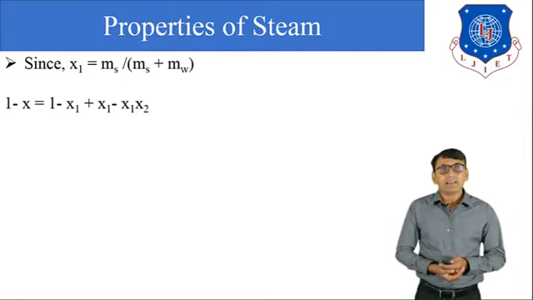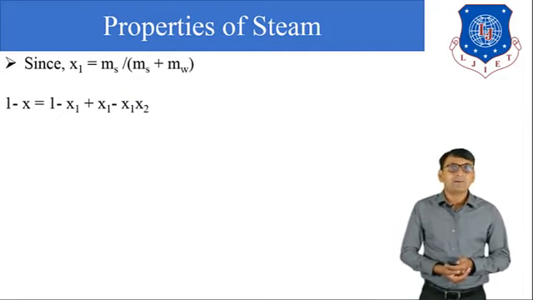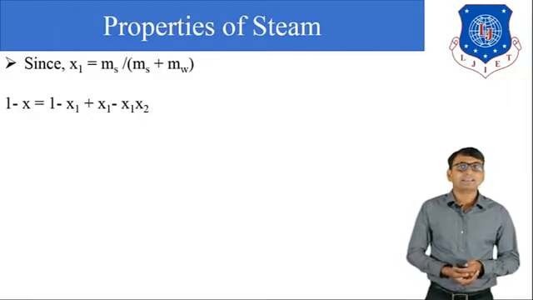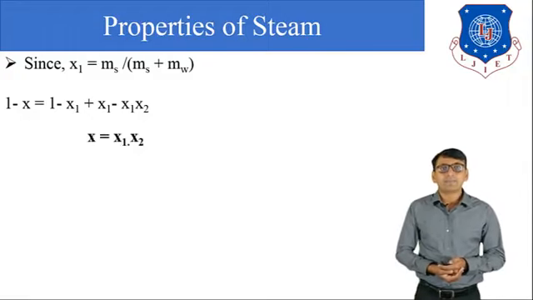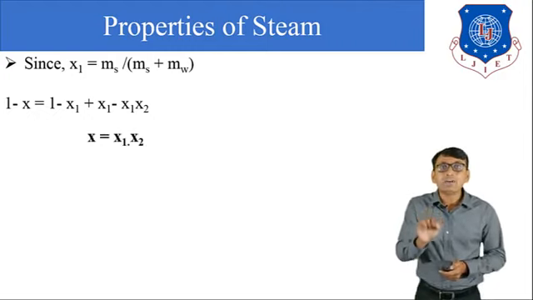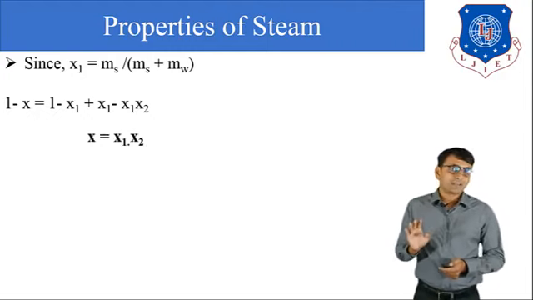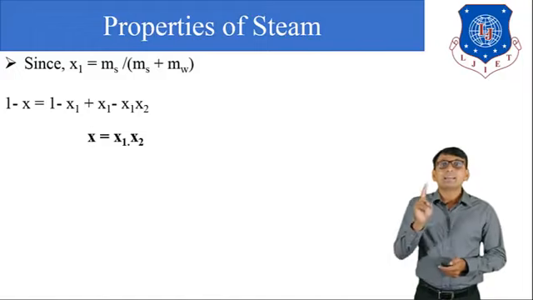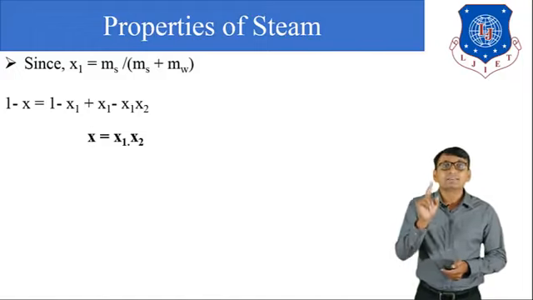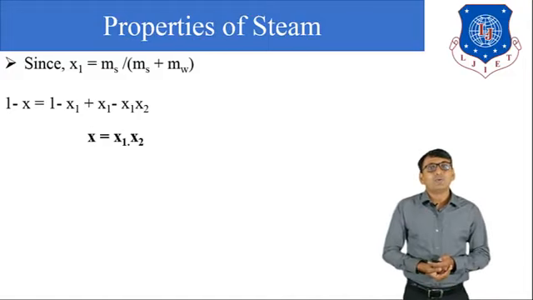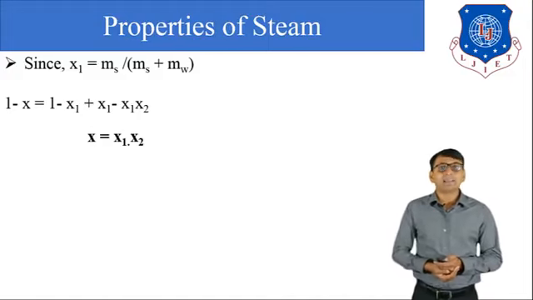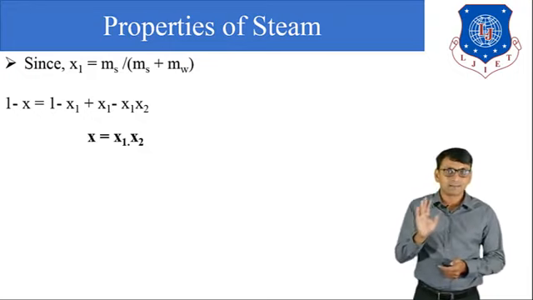From this, x1 cancels, 1 and 1 cancel out, and we get x equal to x1 times x2. What do we mean by x? The dryness fraction of the sample of wet steam. So by this calorimeter we get the exact value of x, the dryness fraction.